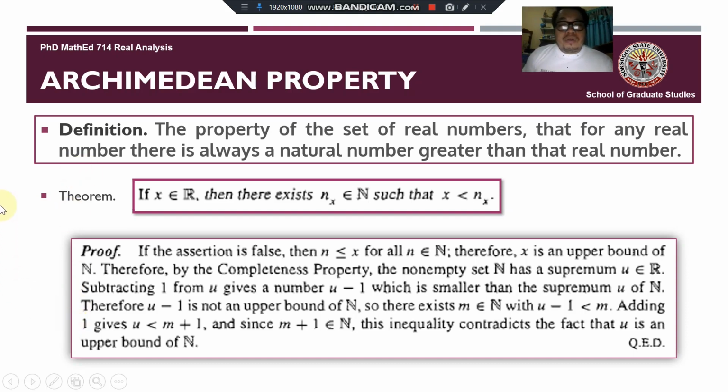That is in line with the definition we had a while ago. That is why it involves not only the set of real numbers but also the set of natural numbers. So that is how the Archimedean property is defined.